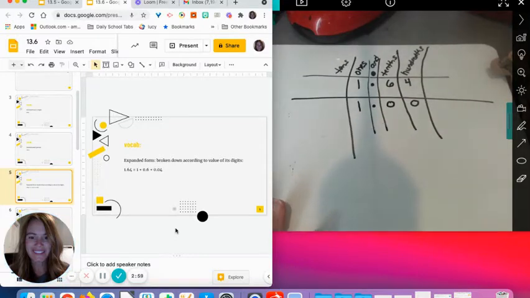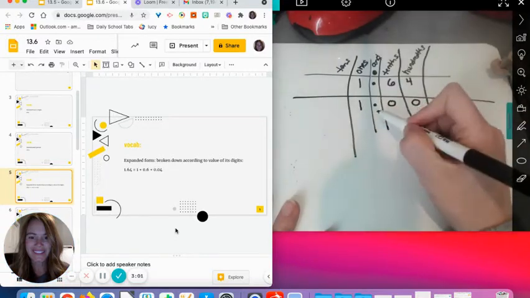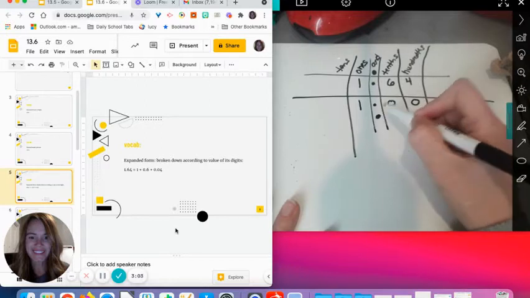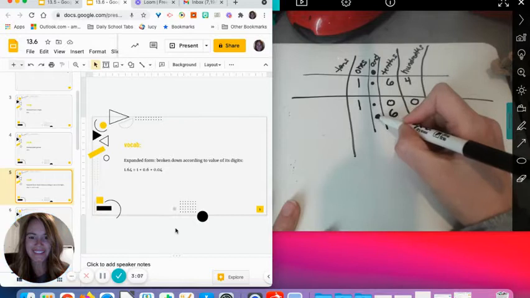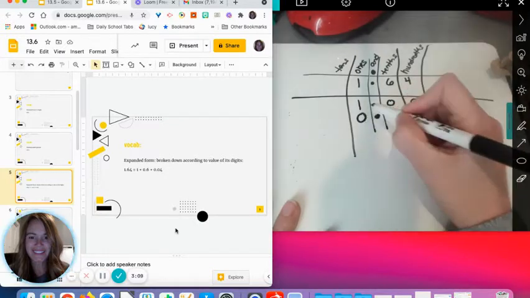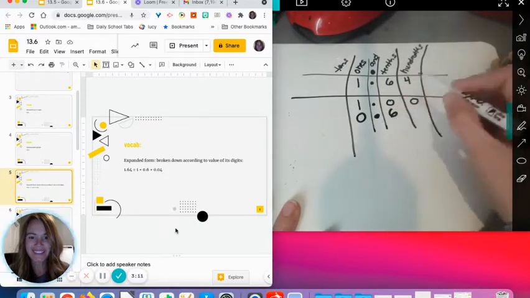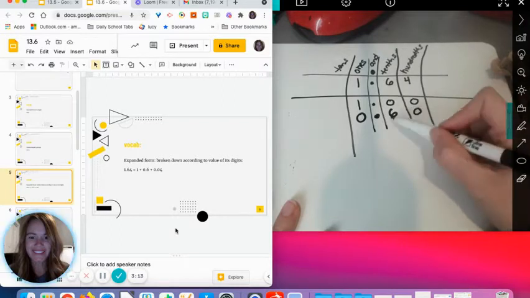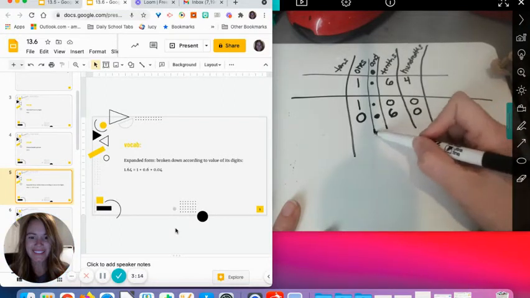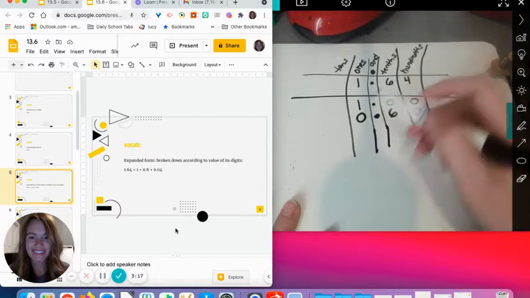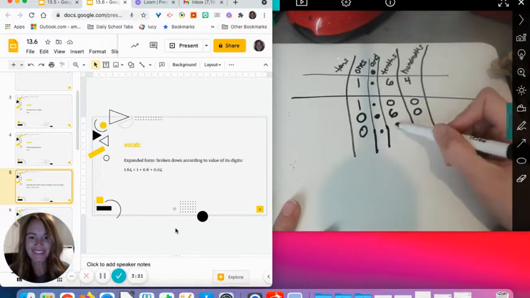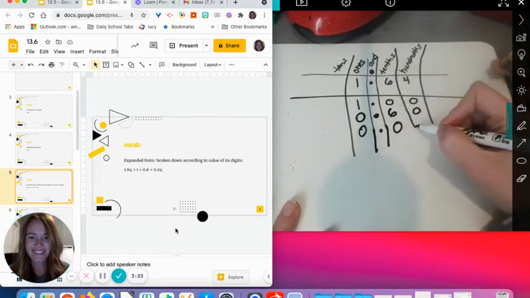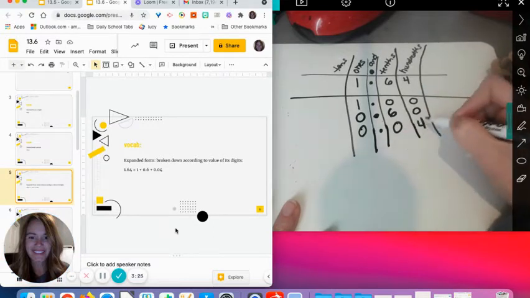Then we go to our tenths place. And tenths, we could just put 6, or we have 0 ones, 6 tenths, and you can put a 0 here, or you can leave it 6. And then finally, our hundredths, I have 0 wholes, I have 0 tenths, and I have 4 hundredths.